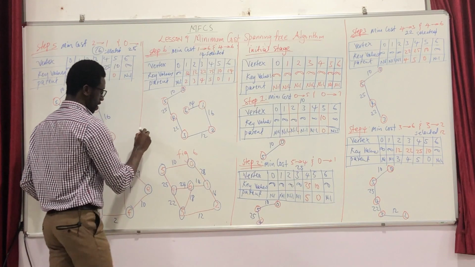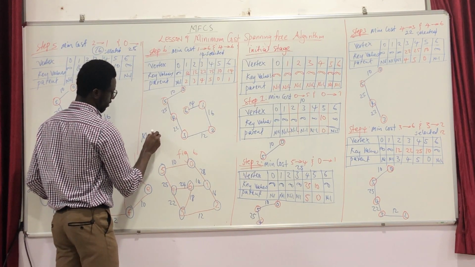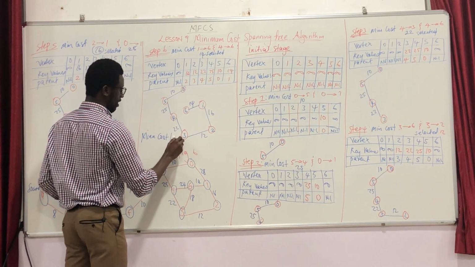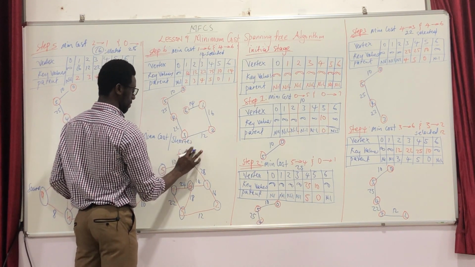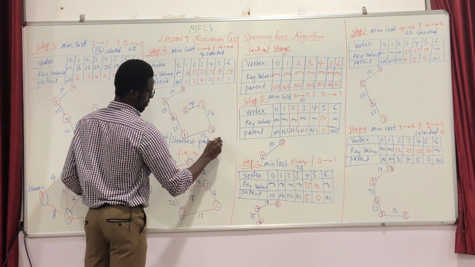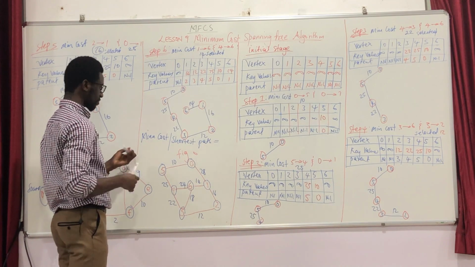Therefore, our minimum cost, or shortest path here, must be equal to the total of this.